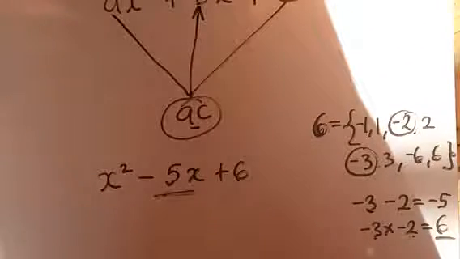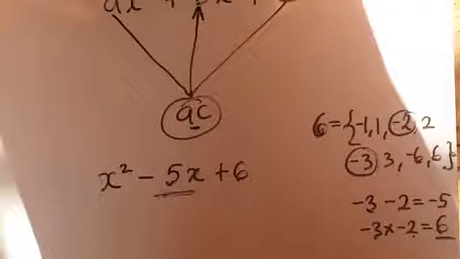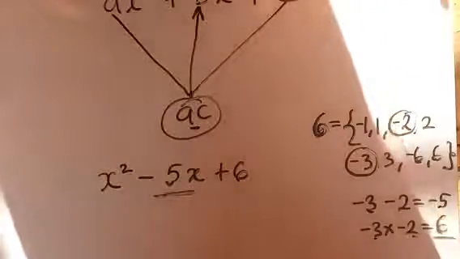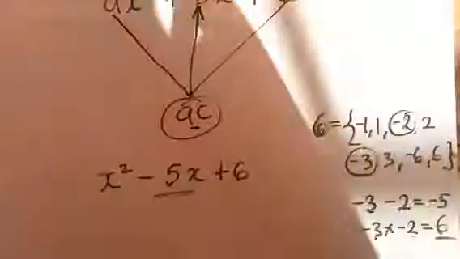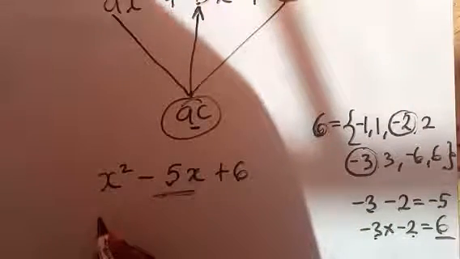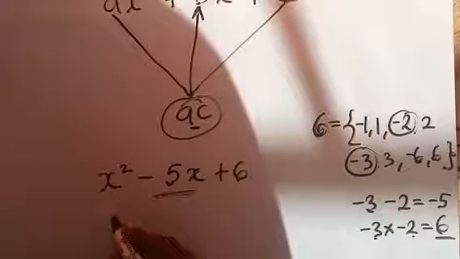So we are now going to substitute the negative 3 and negative 2 into the position of negative 5x.